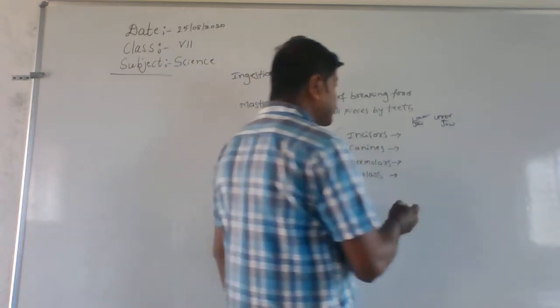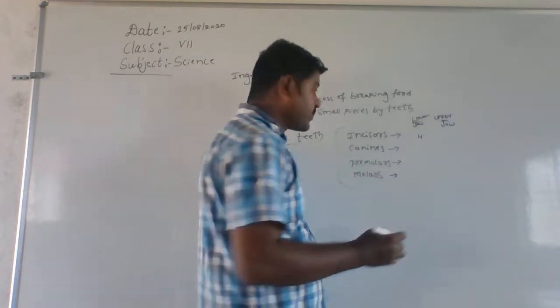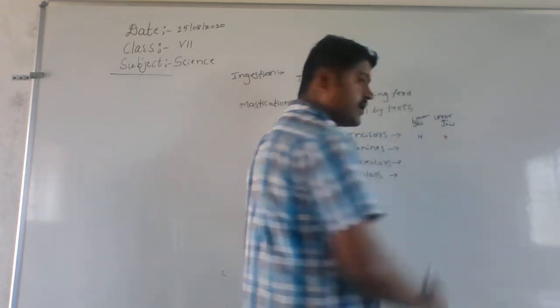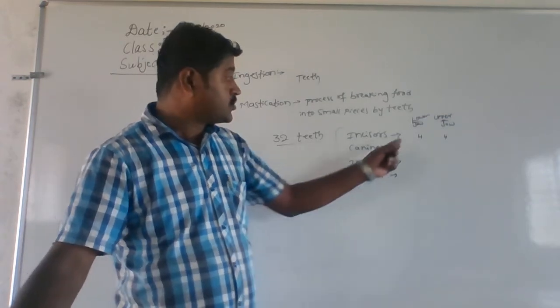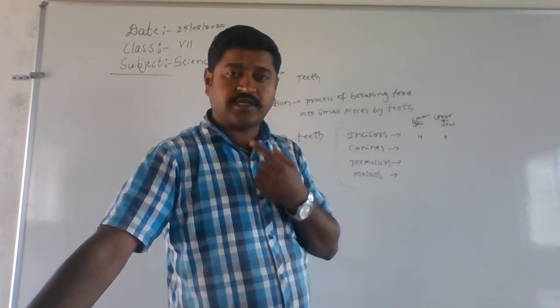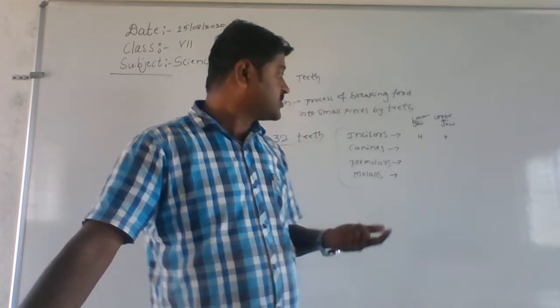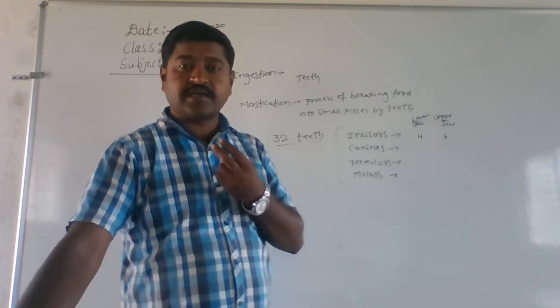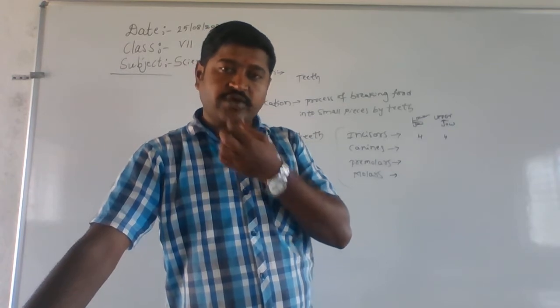Incisors: we have 4 in the lower jaw and 4 in the upper jaw. What is the function of these? Incisors are the teeth seen initially, the front 4 teeth.